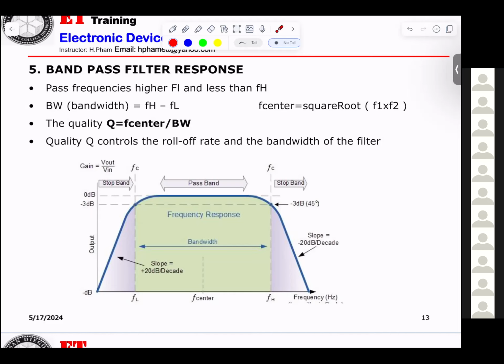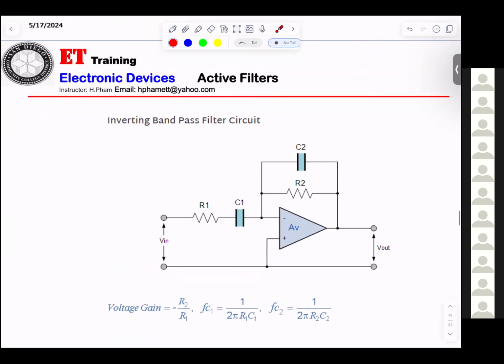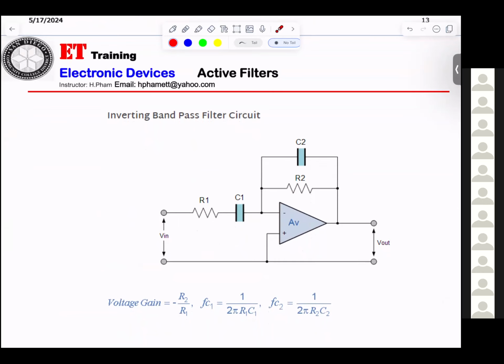And also you can tell him, okay, any signal with the frequency higher than F low and less than F high passes. So that's why from F high to F low, they call a bandwidth, okay? And the signal outside, they reject it, okay? This is the circuitry, we don't care.